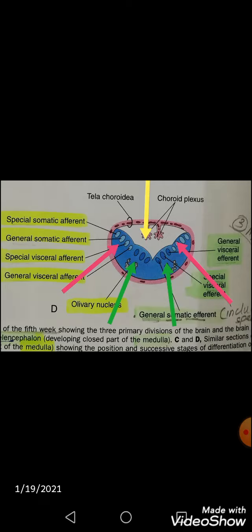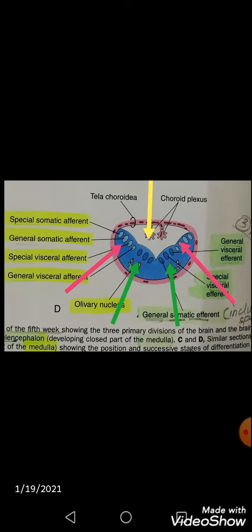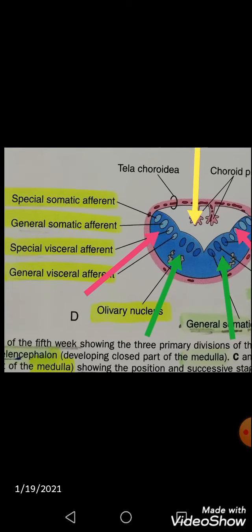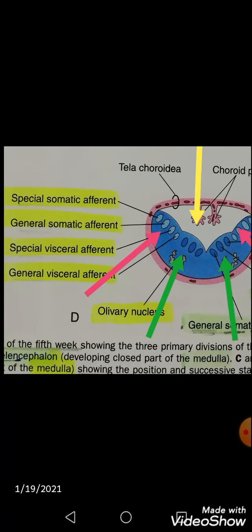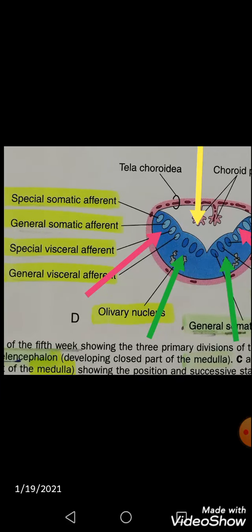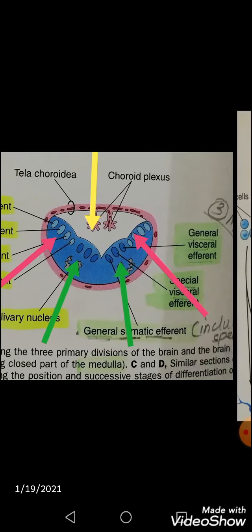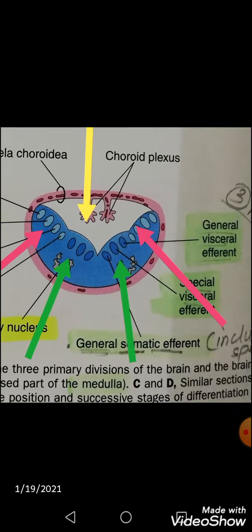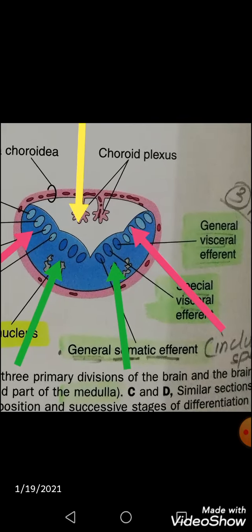Now, in the cranial nerves, other functional components are specially added. Their names start with the word special. So you can see the special somatic afferent and special visceral afferent. And on this side, you can see the special visceral efferent.